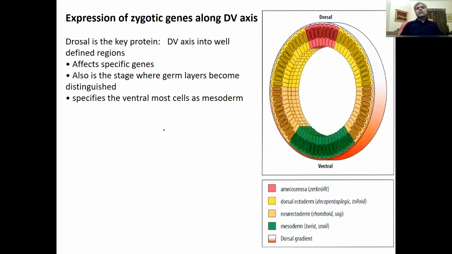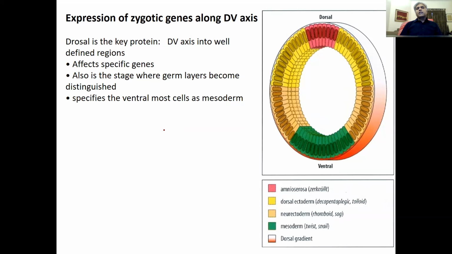As we just learned, dorsal is the key protein. If you have misregulation of dorsal, you don't see any ventral axis formation. And if there's no ventral axis formation, it means dorsal ventral pattern is disturbed.